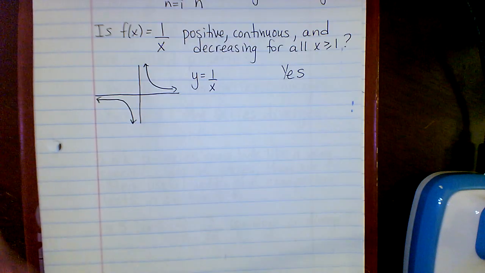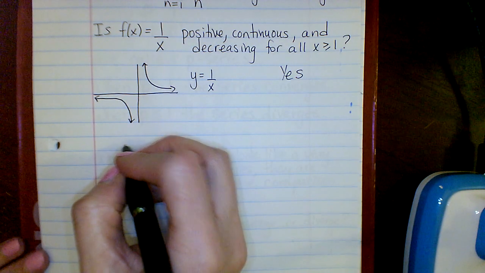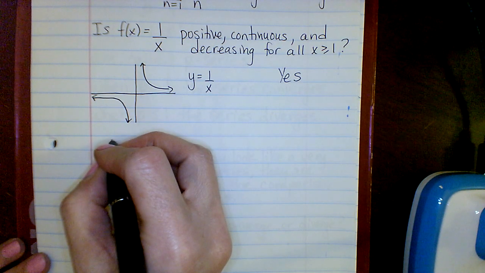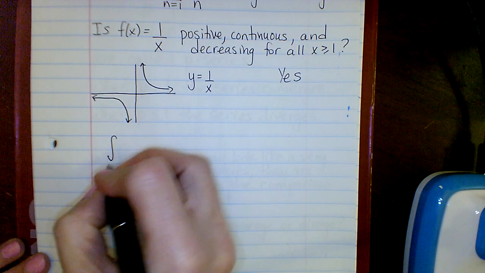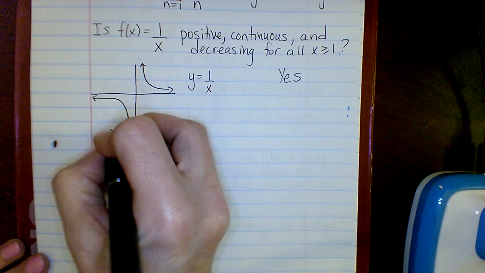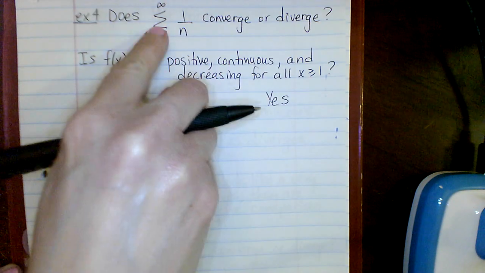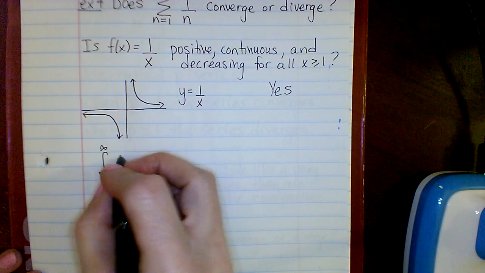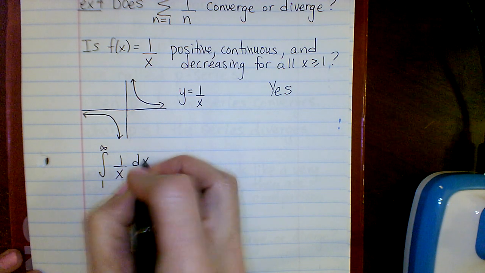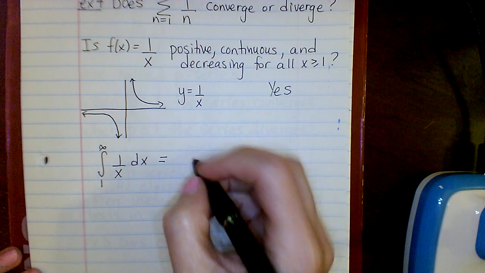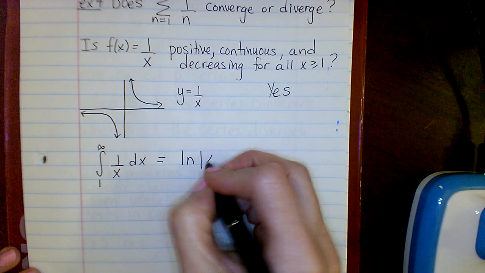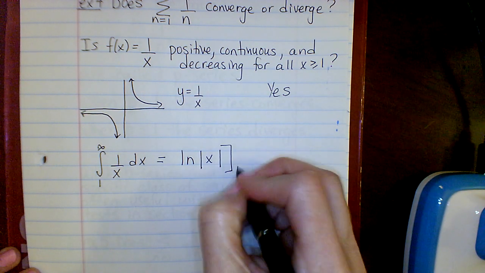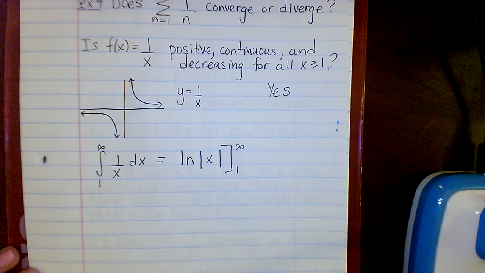So we apply the integral test. That means we are going to integrate from 1 to infinity, because those are my bounds for my index, of 1 over x dx. That's a nice integral, right? That's just natural log of absolute value of x from 1 to infinity.